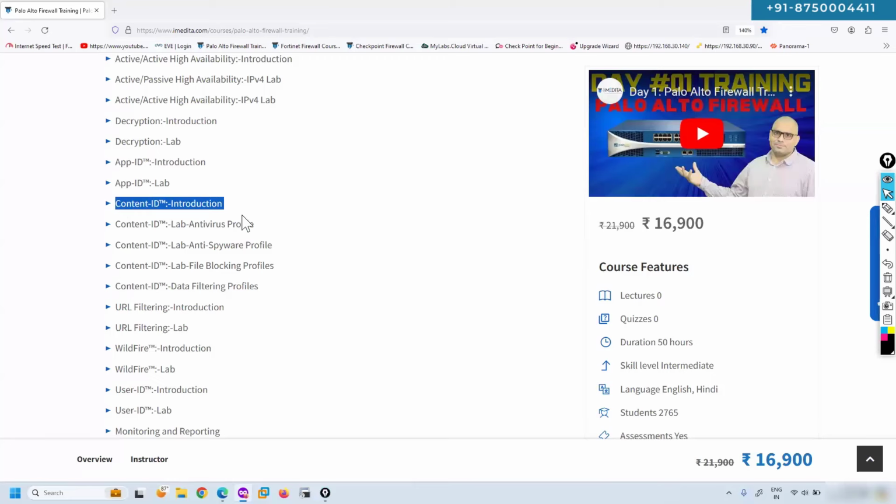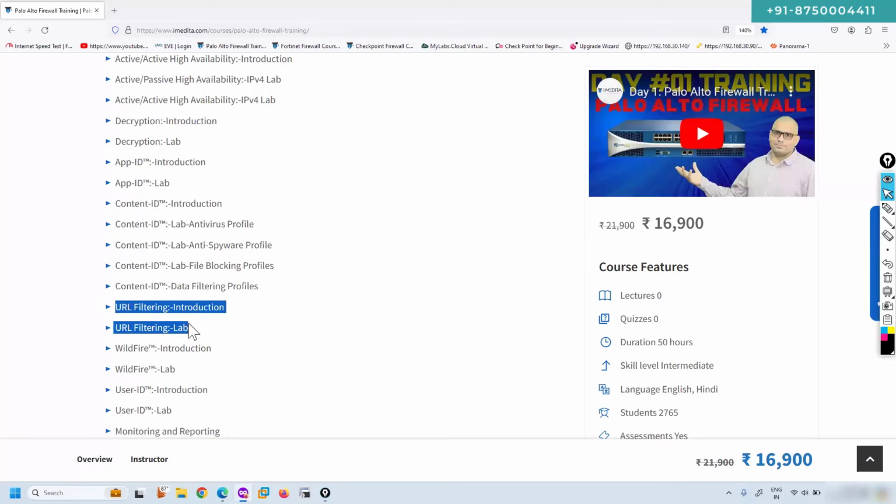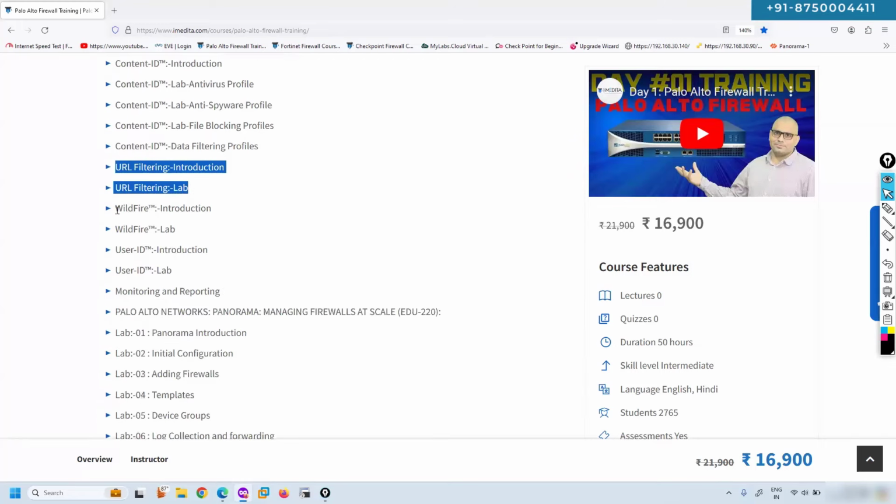With the help of Content-ID, we can control virus, spyware, file upload and download, and protect our network from data leaks. And with the help of URL filtering, we can control website access. But next is WildFire. With the help of WildFire, we can protect our network from unknown attacks. Definitely we will discuss it.